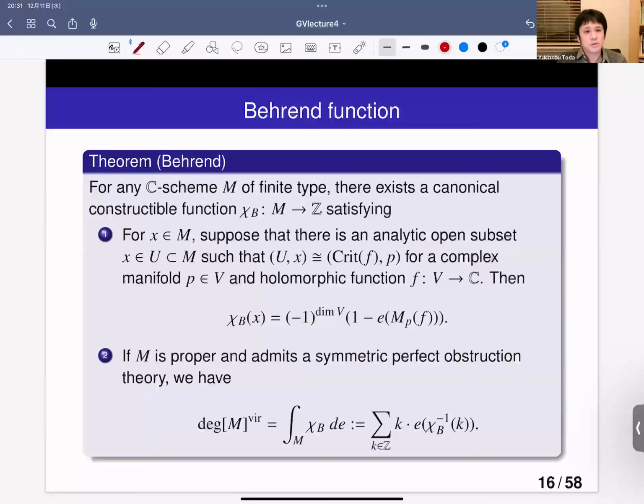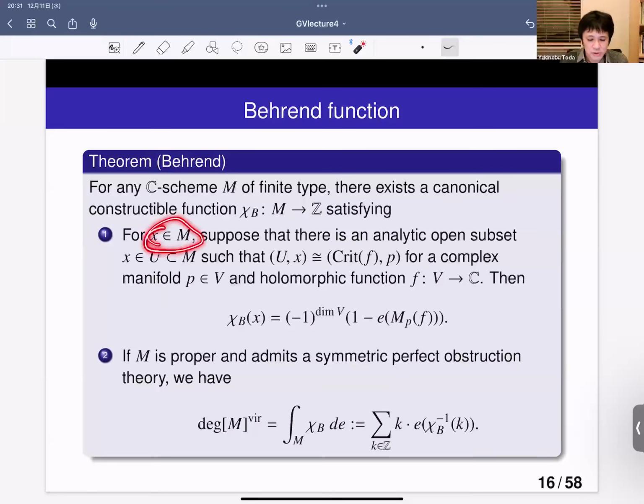Then we have the notion of the Behrend function. For any complex scheme M of finite type, there is a so-called canonical constructible function, which is denoted by chi_B, satisfying the following conditions.